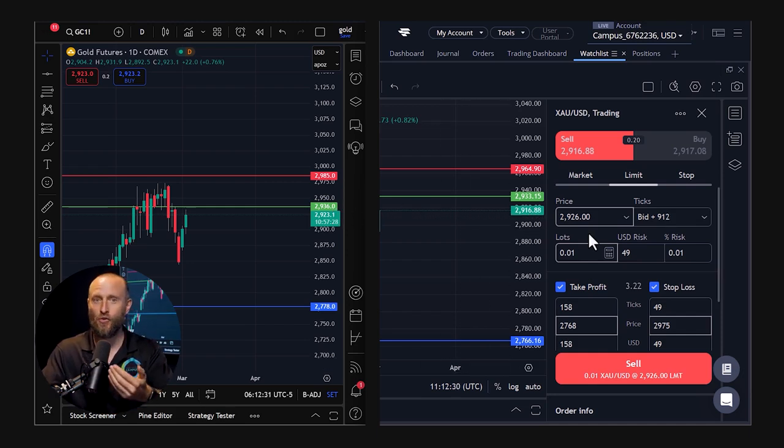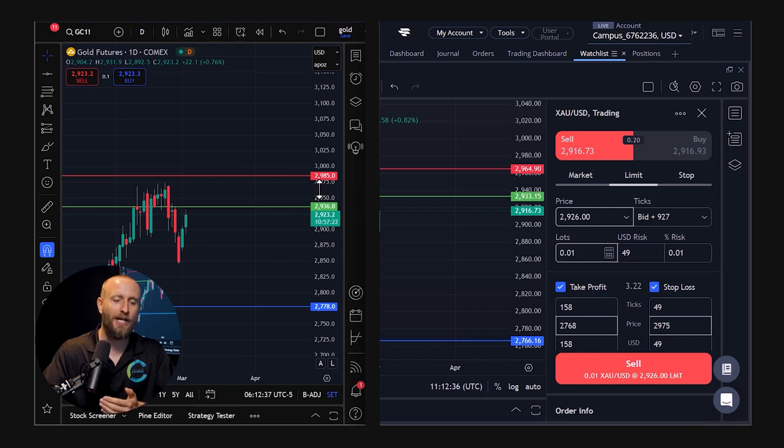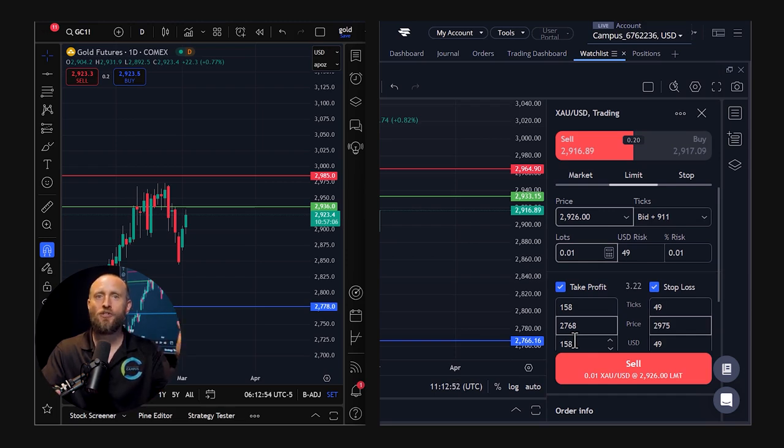So 2926. The same we do for the stop loss, so it moves down from 2985 to 2975. And of course, we also have to adjust our take profit from 2778 to 2768. So now you have seen how we always start at the futures chart in TradingView and work our way to Campus Fund to actually place the trade.